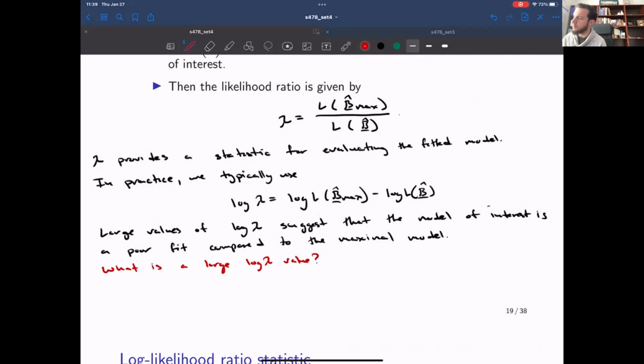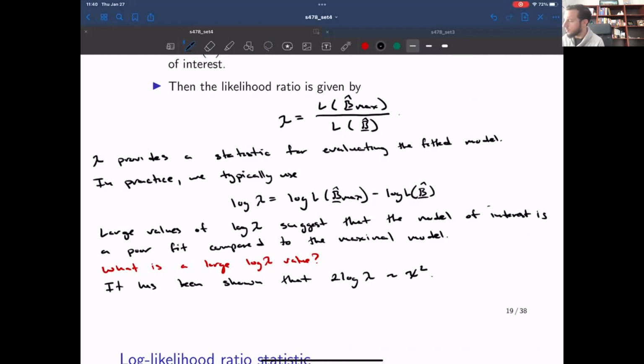To answer this question, it has been shown that 2 log lambda follows a chi-square.